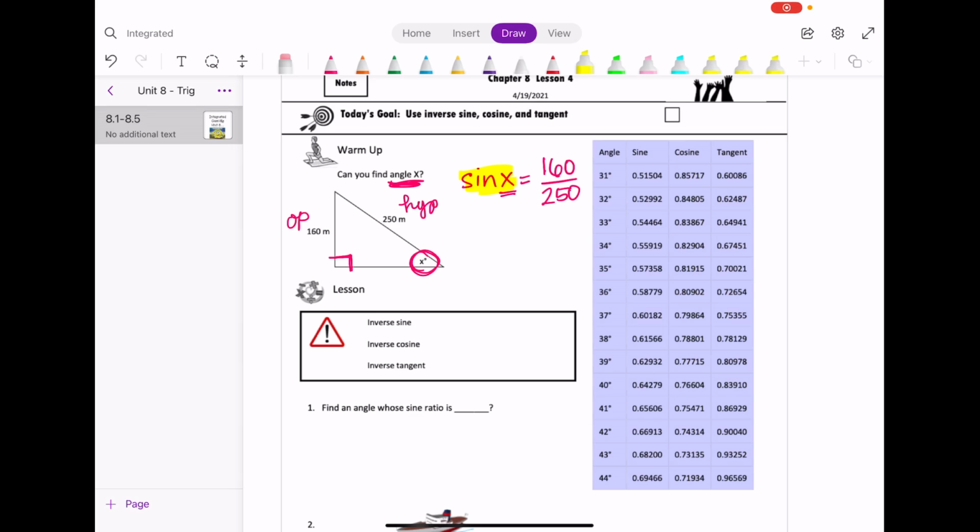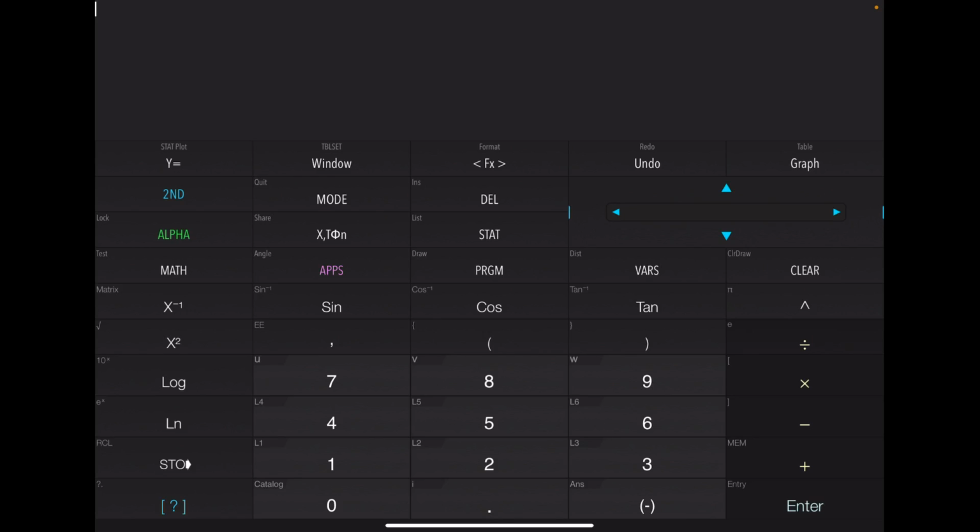So to undo that operation, I'm going to use an inverse sine. So we write that by writing sine to the negative first power of 160 over 250. So in my calculator, I am going to press second sine 160 over 250.